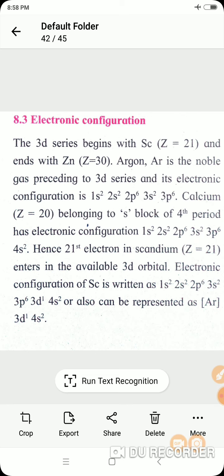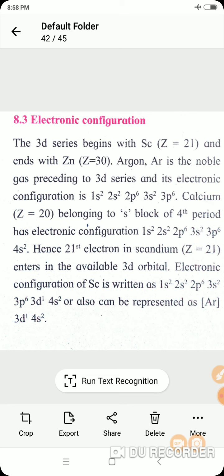We already studied the Aufbau principle, and the students who clearly understand it can skillfully write the electronic configuration of each and every element. So before the electronic configuration, all the students should clearly understand the Aufbau principle. There are a total of 18 electrons present, and hence argon has a complete electronic configuration, or a complete octet.